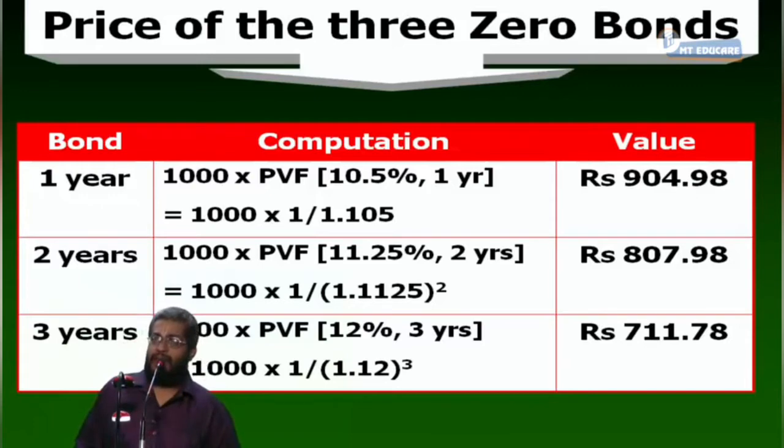And the YTMs of zero coupon bonds are called as what? Zero rates. The YTM of zero coupon bonds are called zero rates.